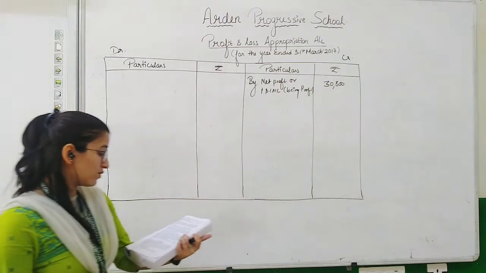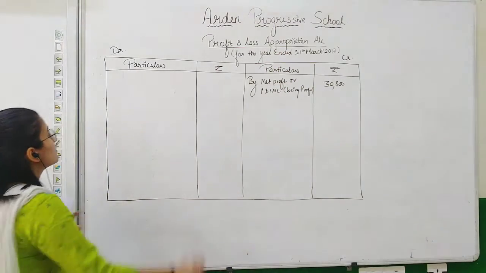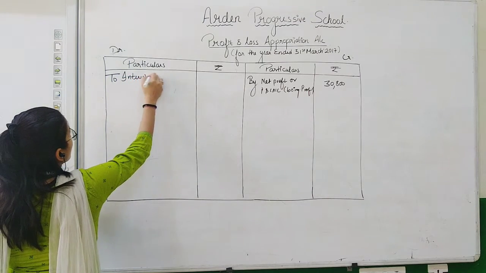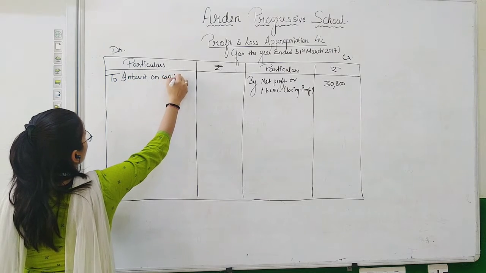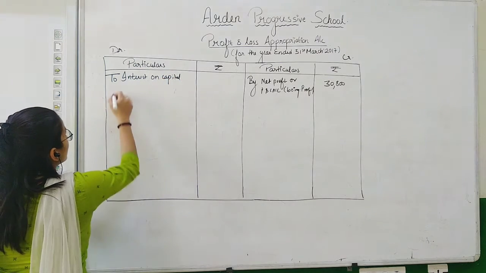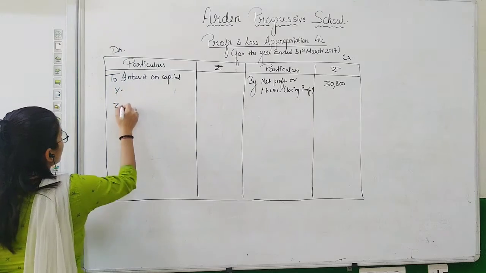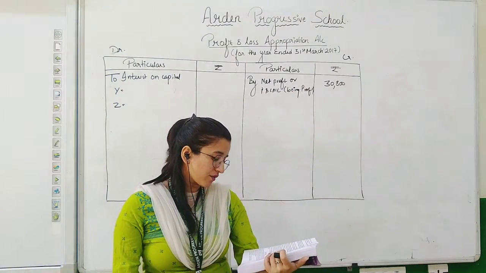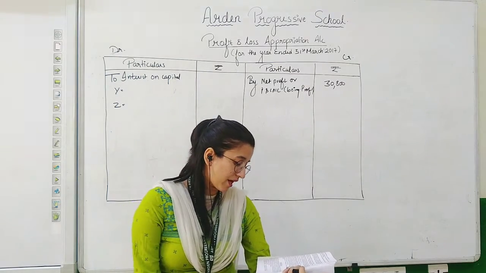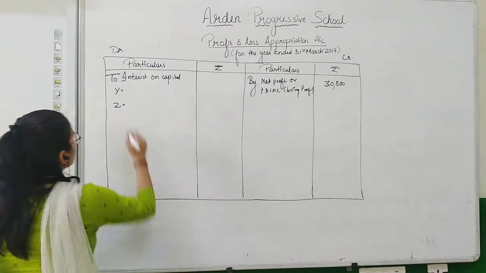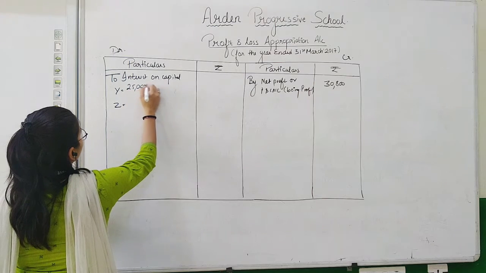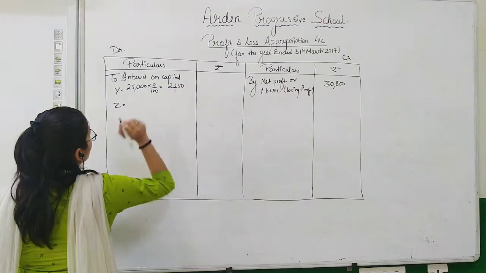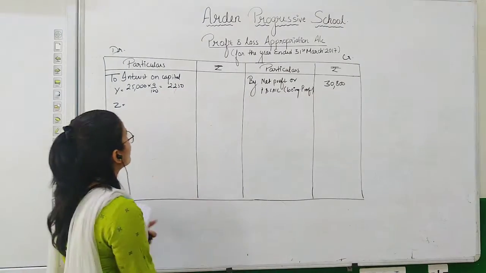So we will first write to interest on capital, Y and Z. Y has brought 25,000 as capital and interest on capital is 9% per annum. So 9% of 25,000 will be 2,250.